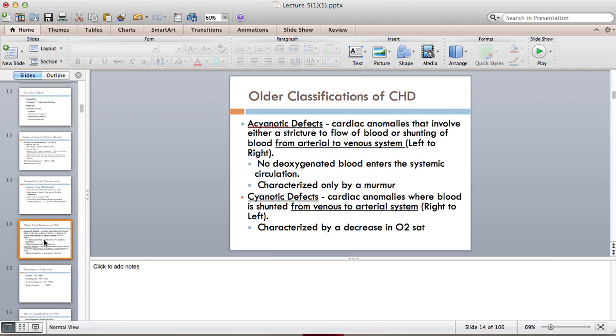You will see that they all fall in place. So, the older one would be based on acyanotic, meaning that when blood flows from the arterial system to the venous system, the arteries will carry the blood that has no oxygen in it and dump it in the ventricle, and that will get into the systemic circulation.